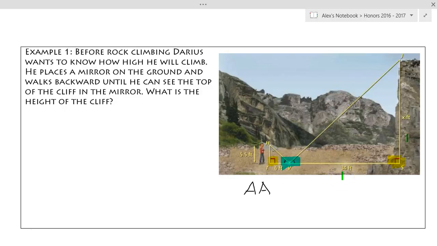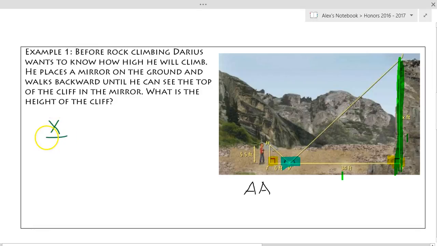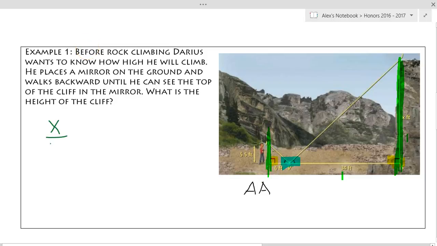One thing I always do when setting up proportions, I think is easiest, is to start with the variable. So I'm going to start with x. And I'm going to compare that, which is a height, to the height in the other triangle, which is 5.5. He knows his own height.